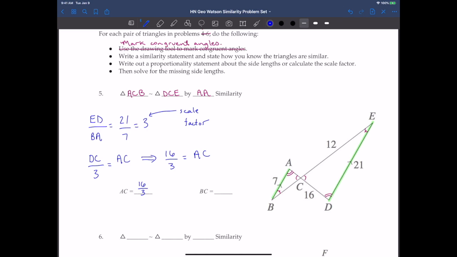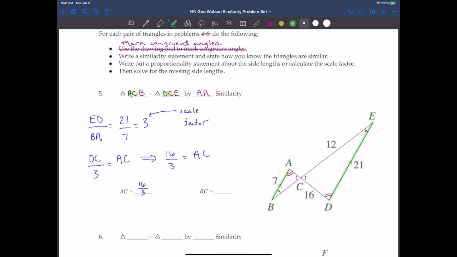I know that's true because AC and DC are corresponding sides in similar triangles, and I know that the scale factor relating the side lengths of these triangles is 3. So if I divide DC by 3, I get AC.